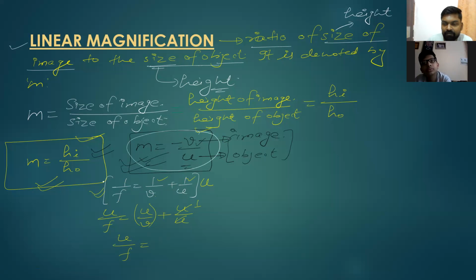As we know that m is equal to minus v upon u, this can be written as m upon 1. So the reciprocal of this equation will be 1 upon m is equal to minus u upon v.